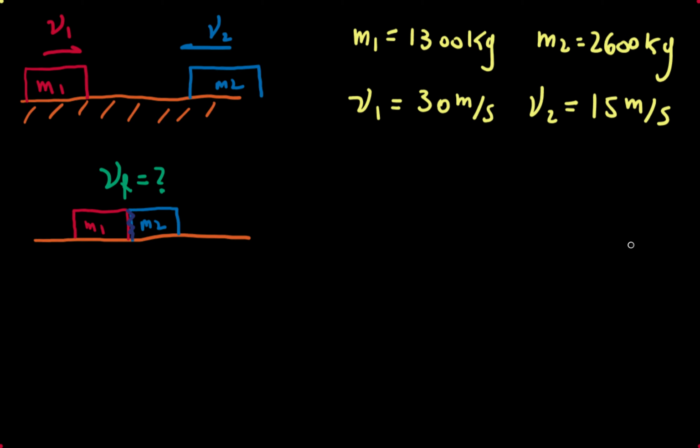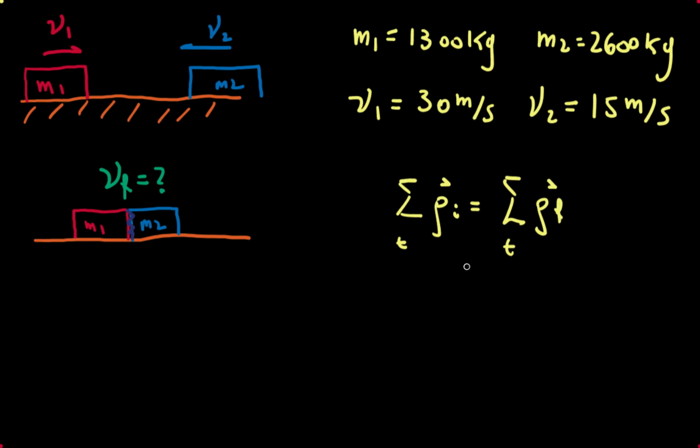Now, you know by now that there's a collision here, and the most effective way to solve this collision is using conservation of momentum. Meaning that the total sum of all the initial momentums needs to be the sum of all the total final momentums.